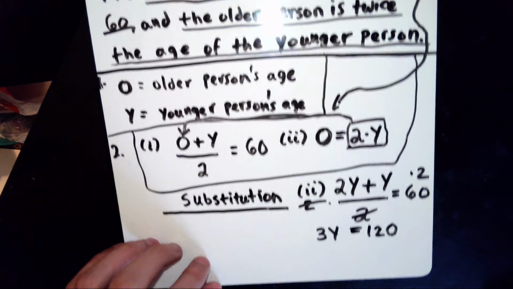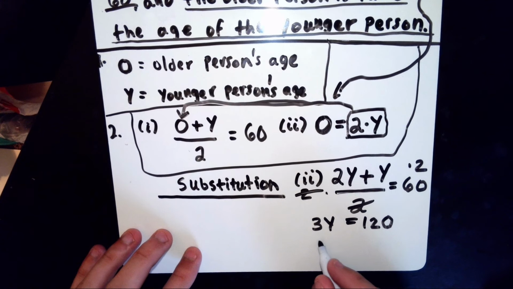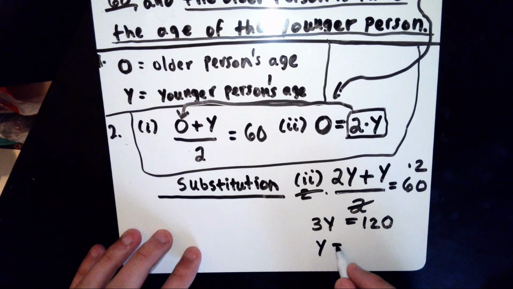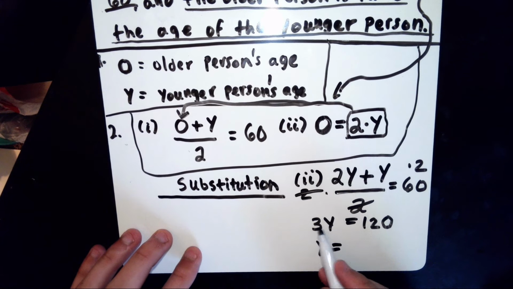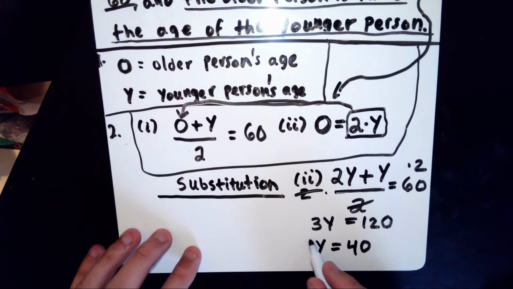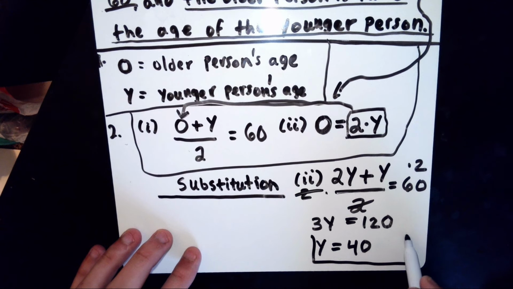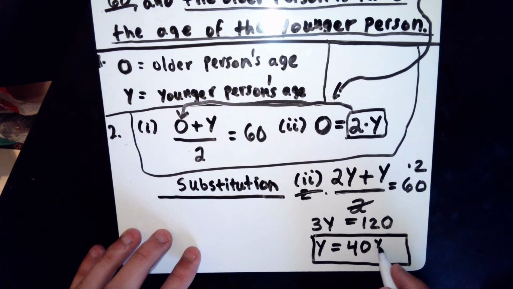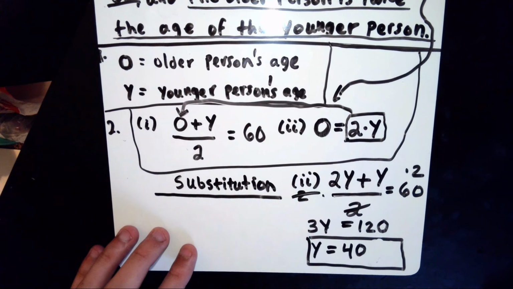Now to solve for y, we just need to divide both sides by 3, and this gives us that y, the younger person's age, is 120 divided by 3, or in other words, 40. So y is 40 years old, because I already defined y as the younger person's age.